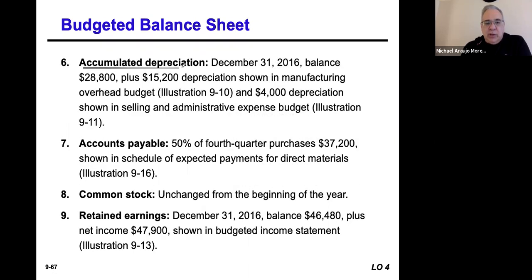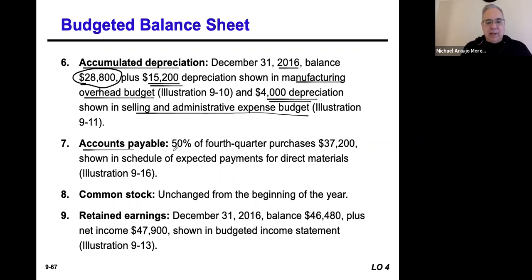Your accumulated depreciation account had a balance of $28,800 at the end of 2016. But if you look at your manufacturing overhead budget, you'll notice your total depreciation is $15,200. You're going to add that. If you look at your selling and administrative budget, $4,000 of depreciation is there. You're going to add that. So that's where your accumulated depreciation comes from.